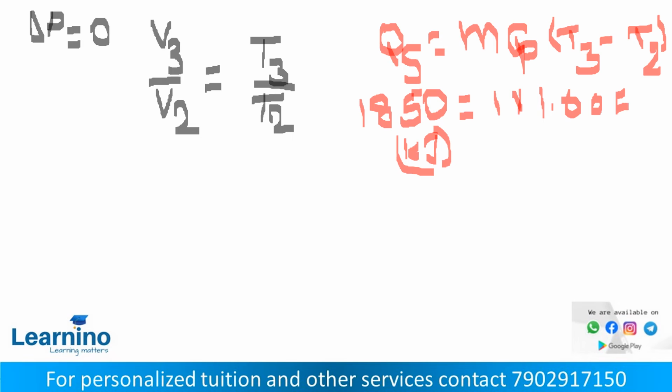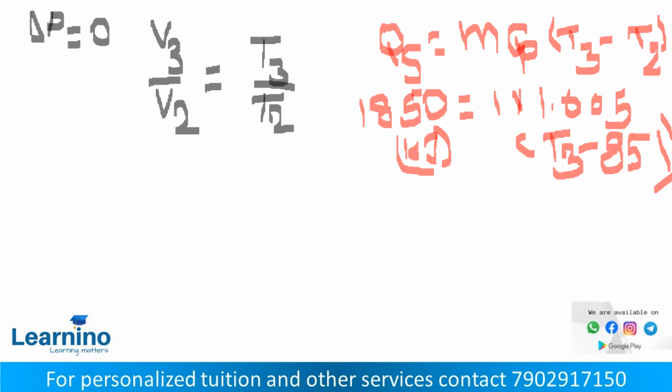1.005 into T3 minus T2. What is T2? 851. Calculate it.